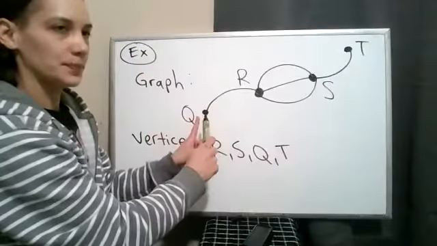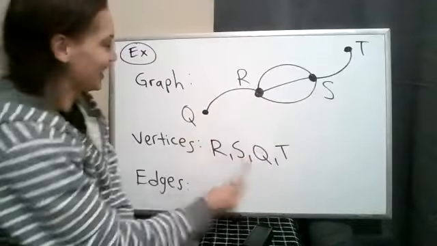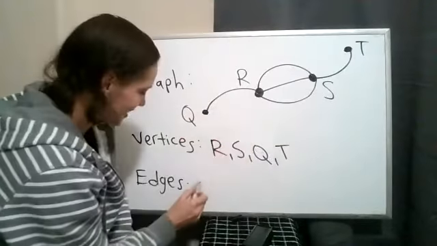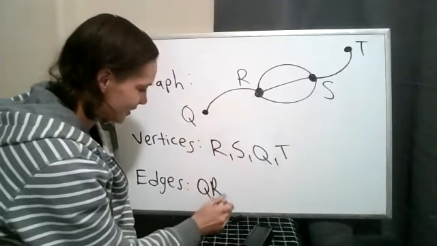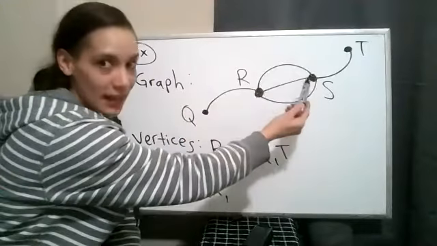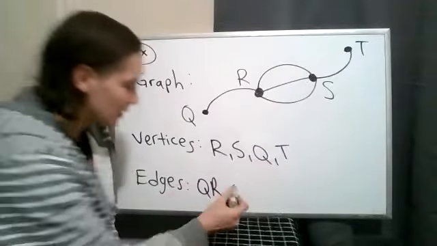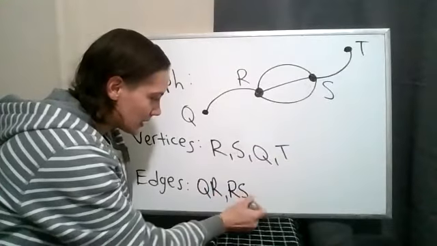Wait, this is the right side, right to left. Q to R. R to S, and then you can also list RS and one more RS. So that occurs 3 times.